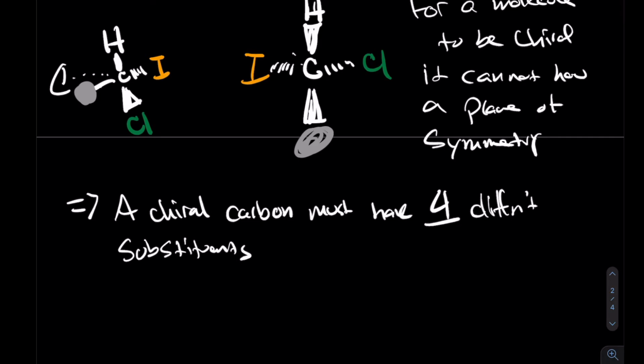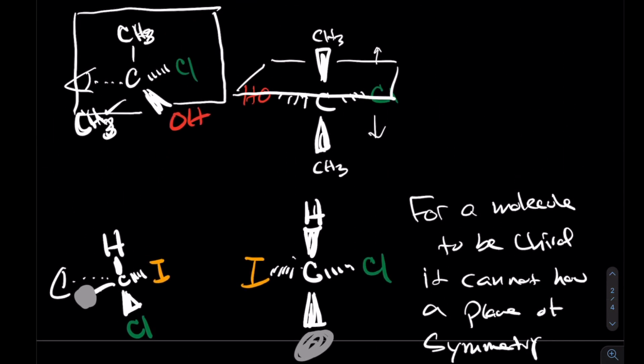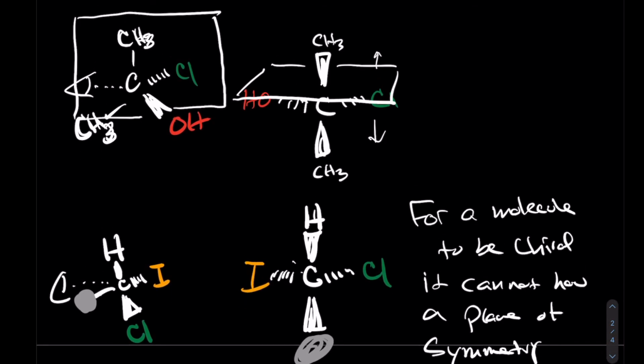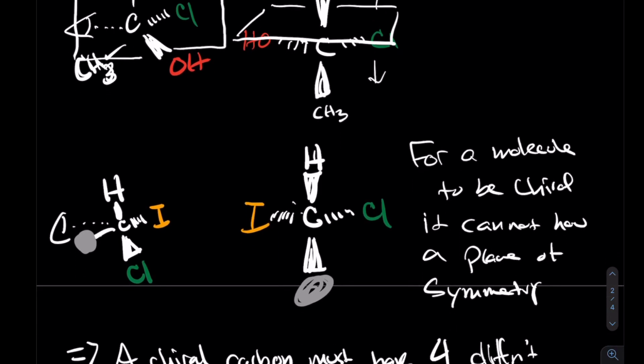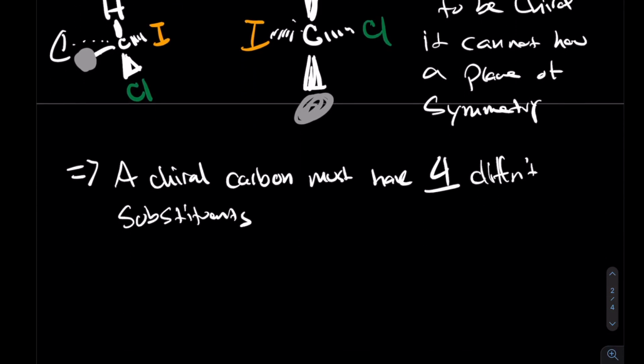All right, so that's your rule right there. And that's the only way you're going to get away from having internal symmetry in something as simple as a carbon. Because if you look up here, there are 2 substituents that are the same, and if those 2 substituents are the same, you can always draw a carbon center as having a plane of symmetry.